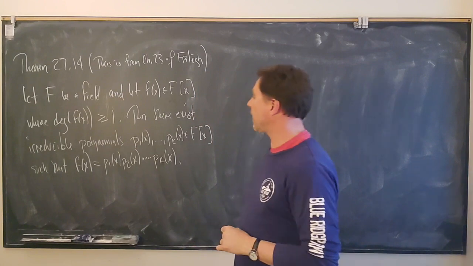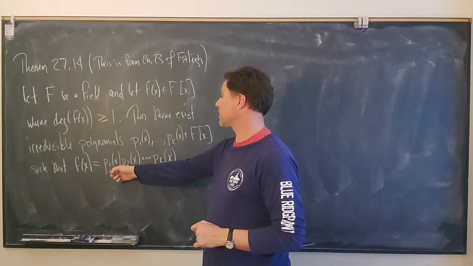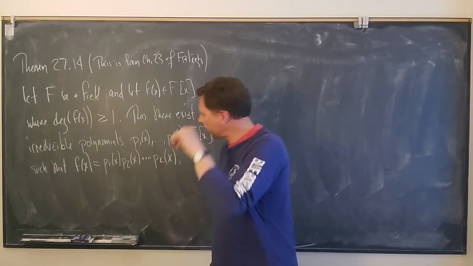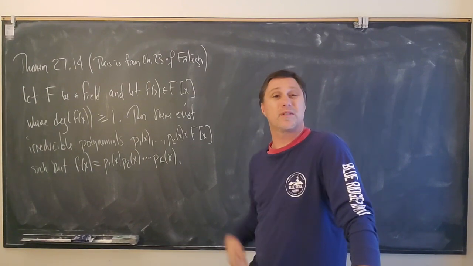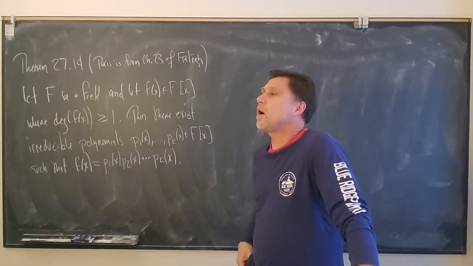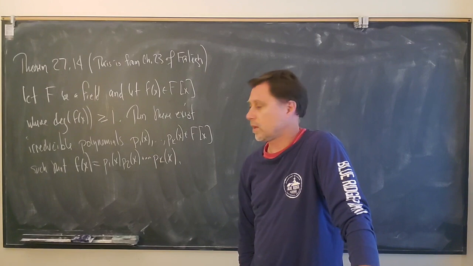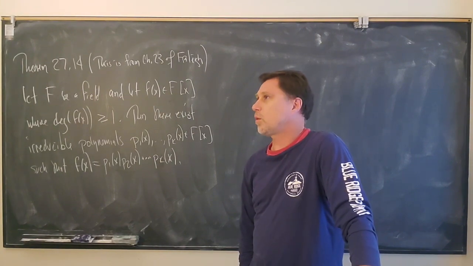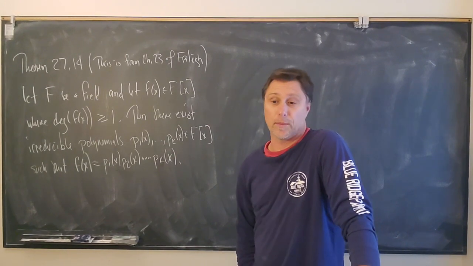So what this is saying here is that every non-constant polynomial can be expressed as a product of irreducible polynomials. And if you remember earlier, I was saying that polynomials have a version of, or behave like the integers. Theorem 27.12 was a polynomial version of Euclid's lemma, right?